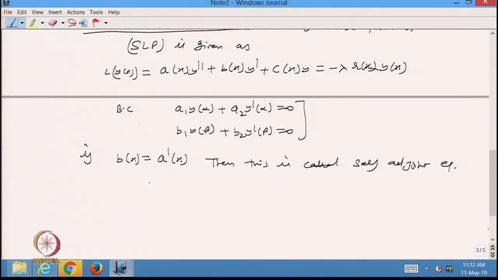That means L star will be equal to L and the boundary condition B star will be equal to B. Then I will say that it is a self-adjoint equation or system.